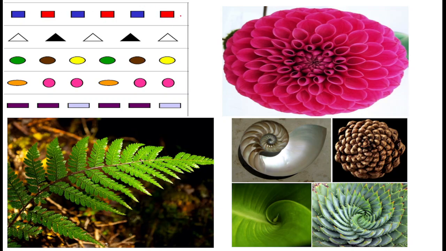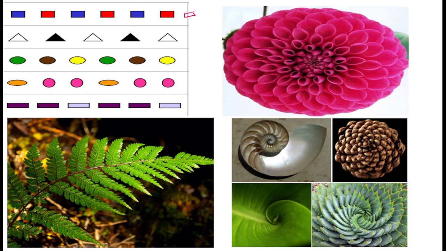If I ask you to draw one more rectangle, continuing the pattern, you draw a blue rectangle, isn't it? In the same way, in the second row you can see a triangle which is white, black, white, black, white, black. You have studied this in your smaller classes, so you know the picture and you can understand the pattern and continue it, isn't it?